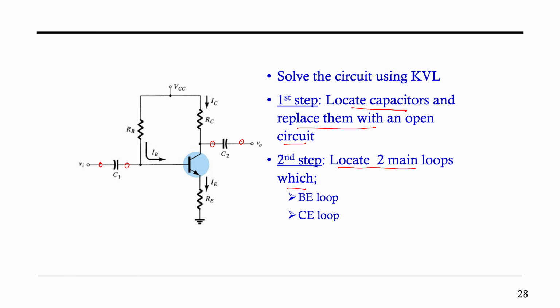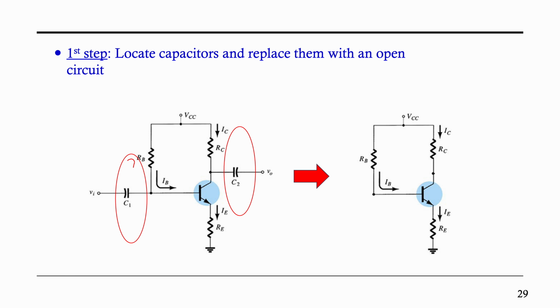So your circuit will be simplified to look like this. We need to identify the currents flowing in this circuit. You have the base current here, the collector current here, and at the emitter you have the emitter current.